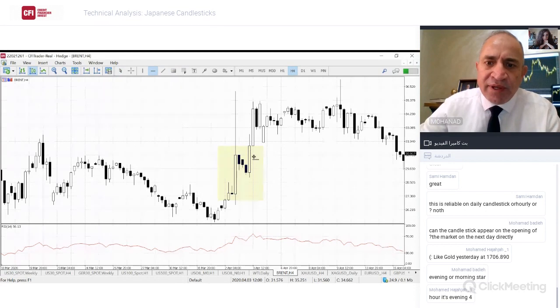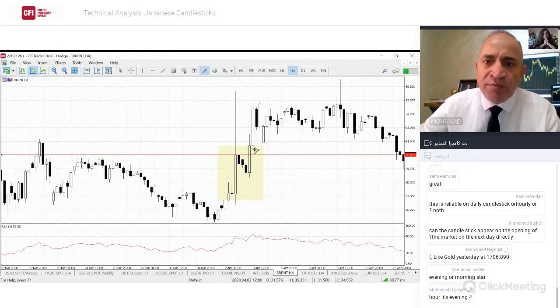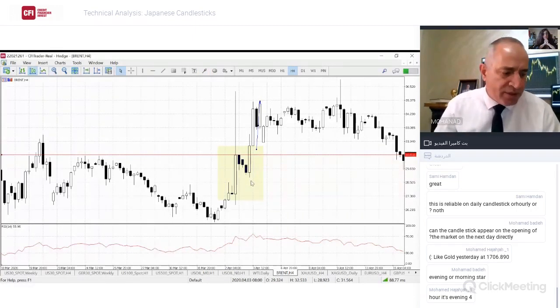The close of candlestick number 5 is higher than the close of candlestick number 1. That means it will continue moving in an uptrend. Interesting, very interesting.